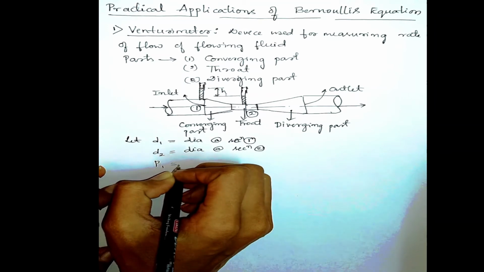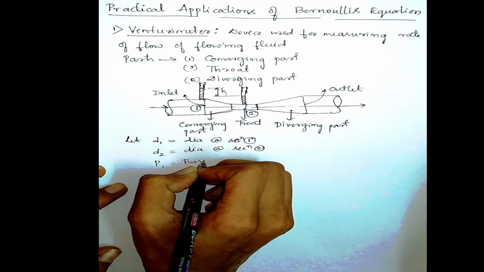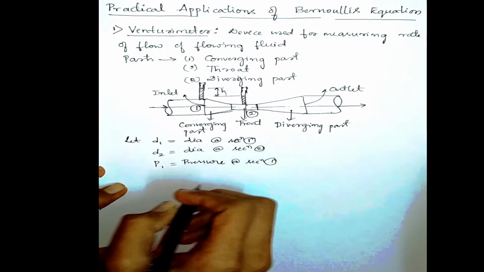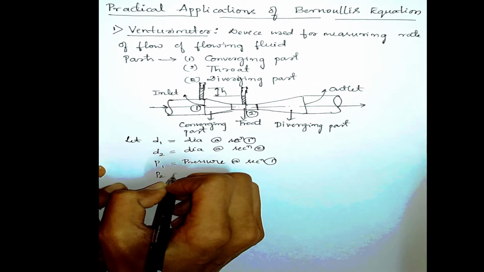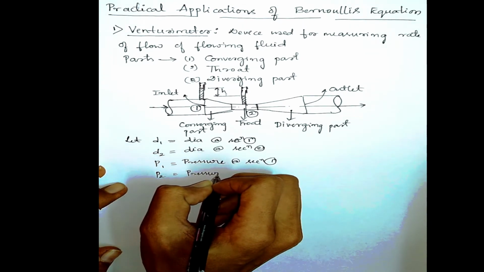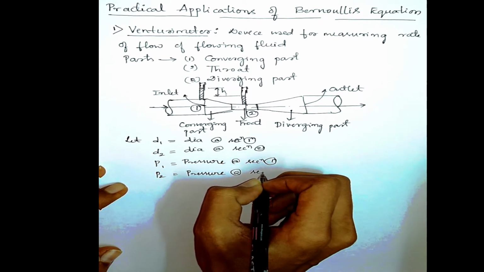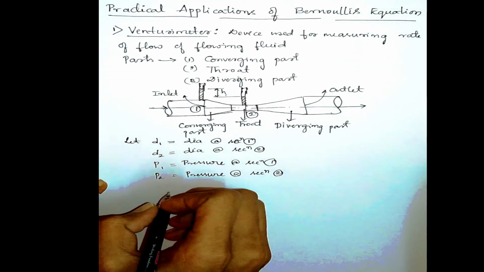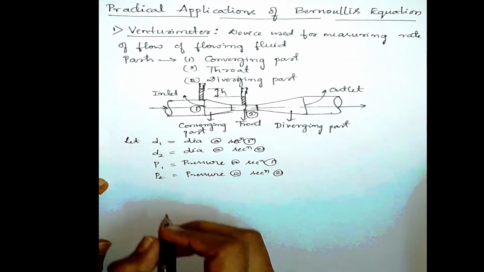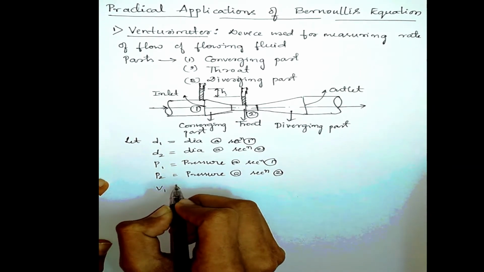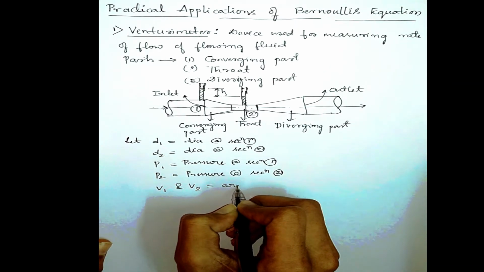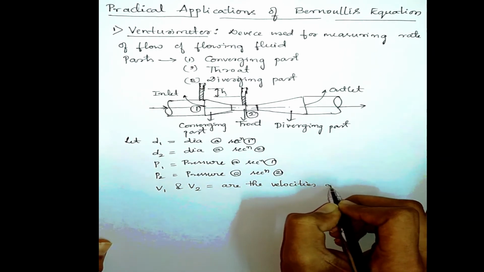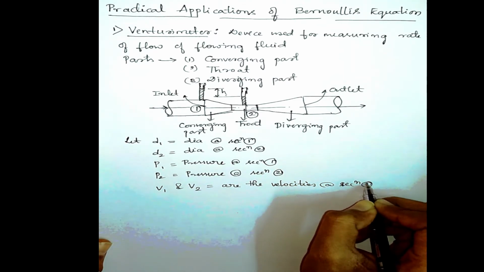P1 is the pressure at section 1 and P2 is the pressure at section 2. V1 and V2 are the velocities at section 1 and 2.